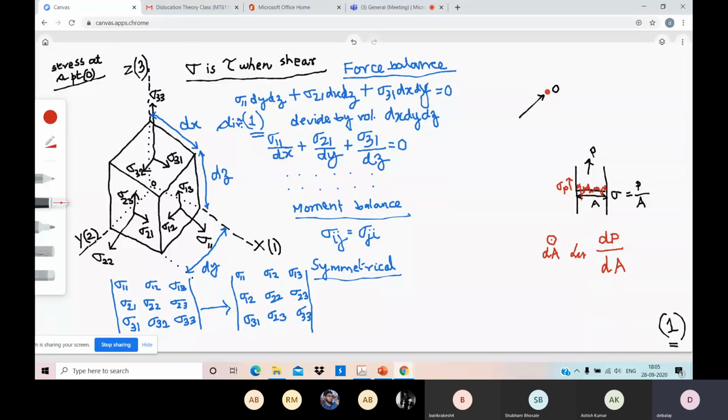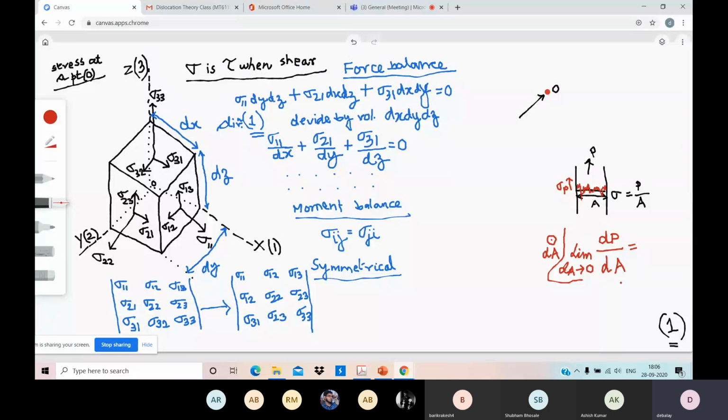and we write that limit dA tends to 0. That means that small area is converging to the point P. So this actually gives the definition of stress at a particular point, that is limit dA tends to 0, dP by dA, the small part of the load acting on that small area.